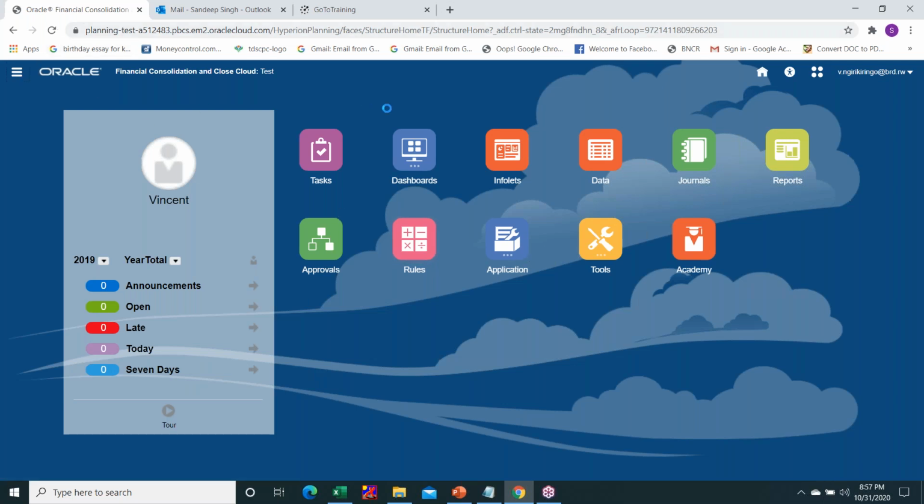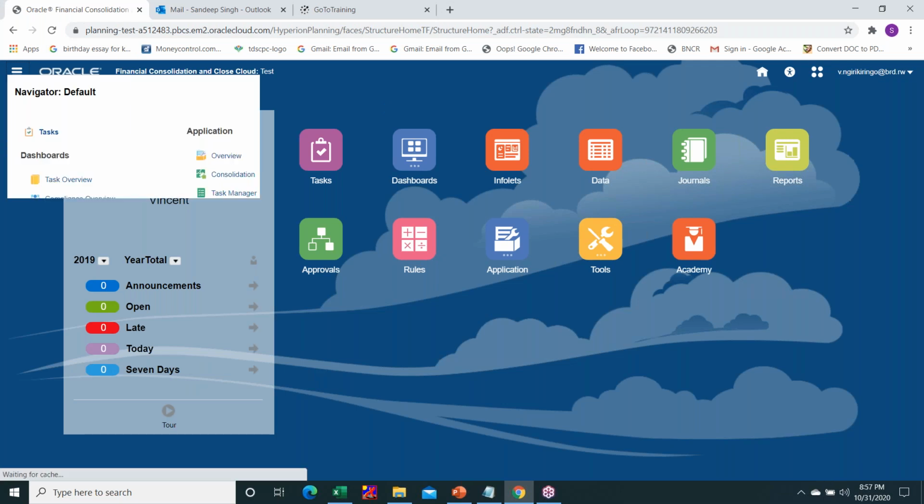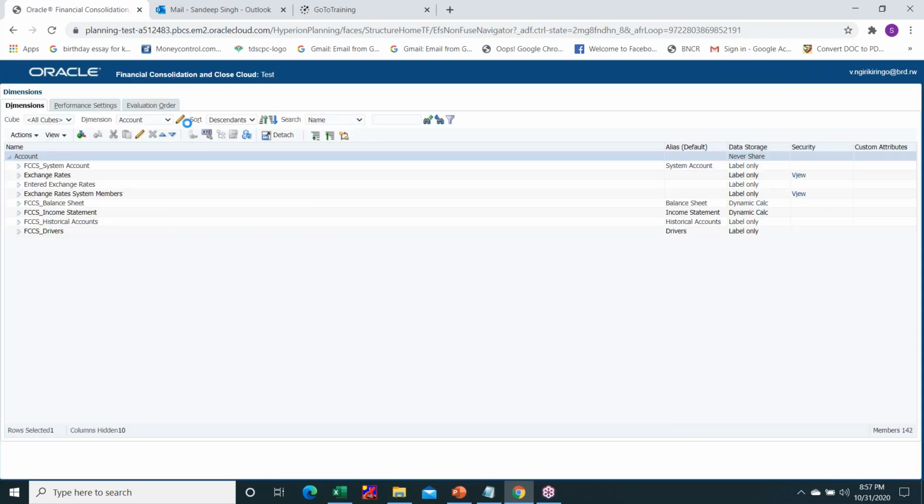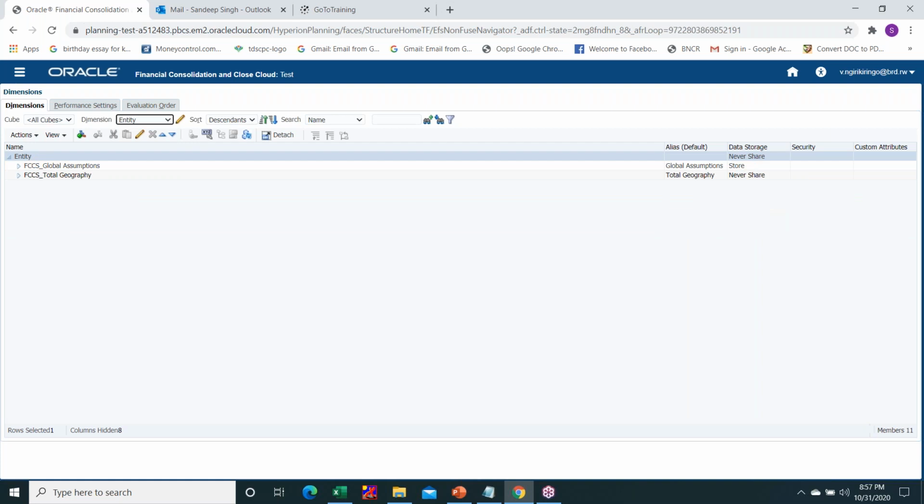So I have defined those legal entities within the FCCS application. If you go into the dimension of legal entities, you will find all those entities within the FCCS application.